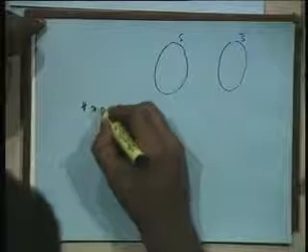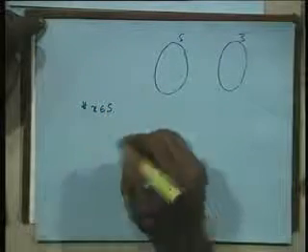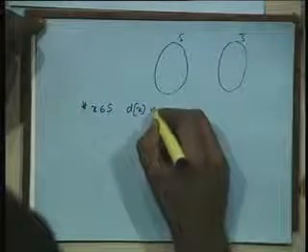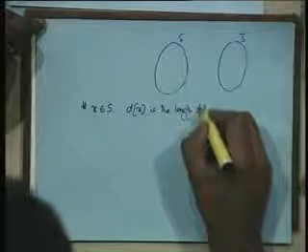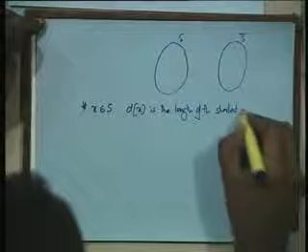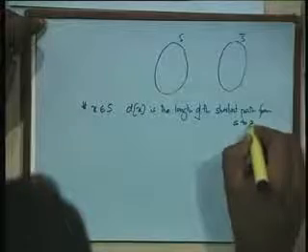For all x in S. What should I write after this? D of x is the length of the shortest path from S to x.